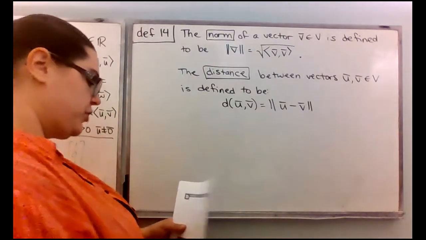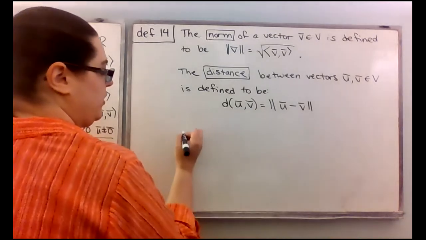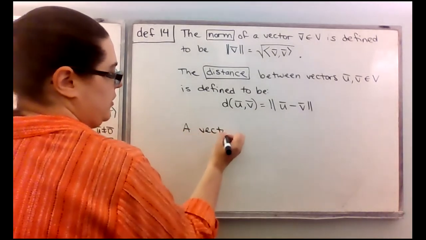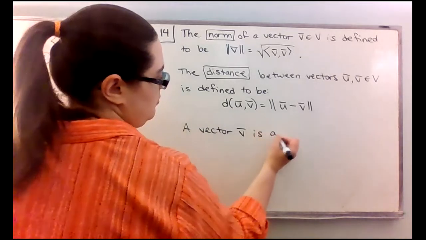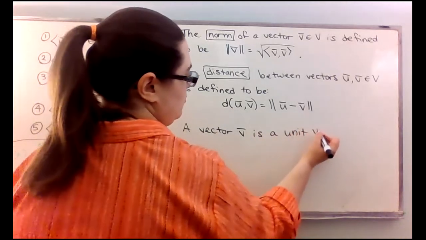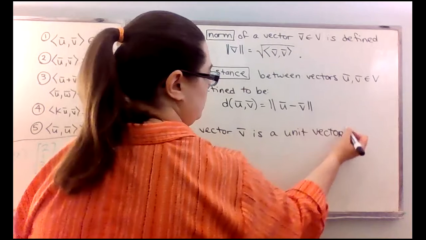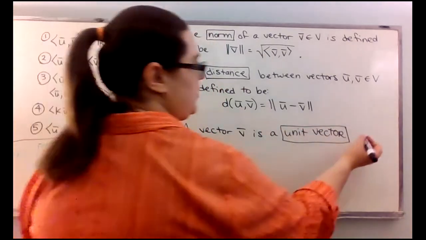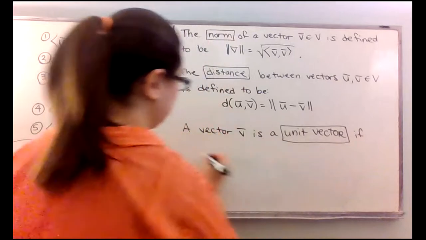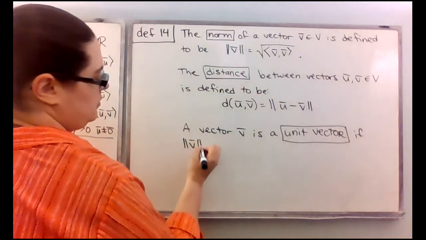And then lastly, we have 2 more definitions, but they're related. A vector V is a unit vector if the norm of that vector is 1.